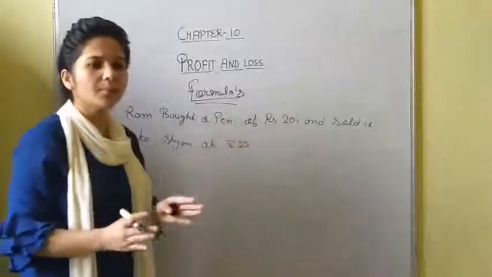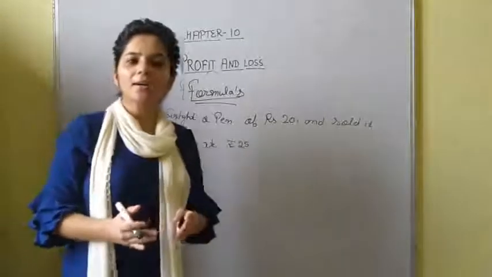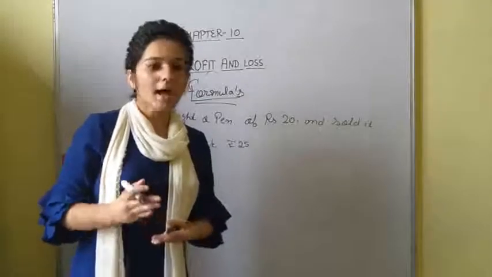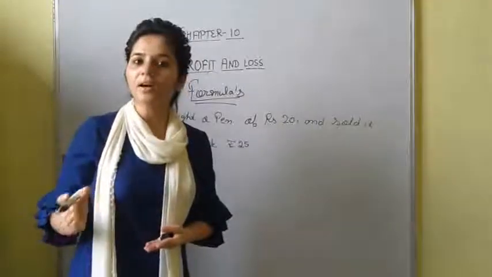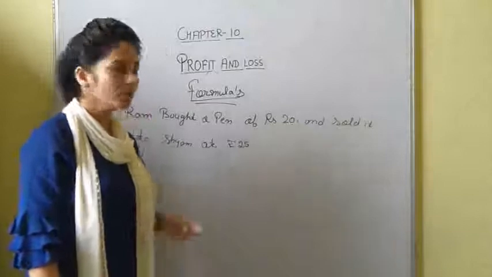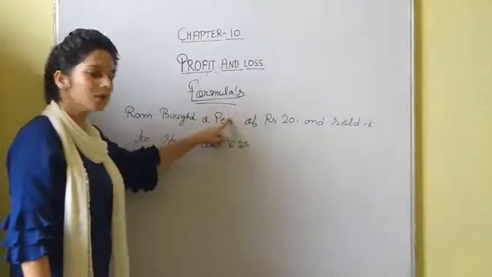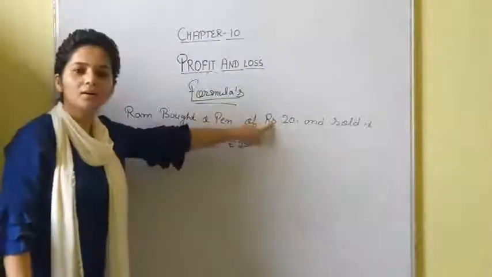According to the CP and the SP, the amount at which an article is bought is known as CP. तो राम ने क्या खरीदा है? पेन, ₹20 का.